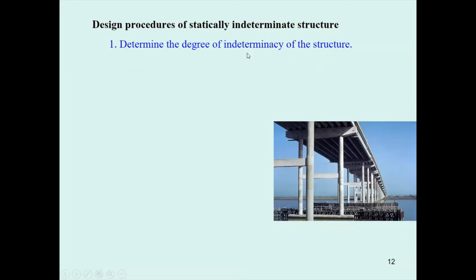So typically in the design procedure of a statically indeterminate structure, the first step requires you to do it carefully, because you have to follow the building code, the design code.